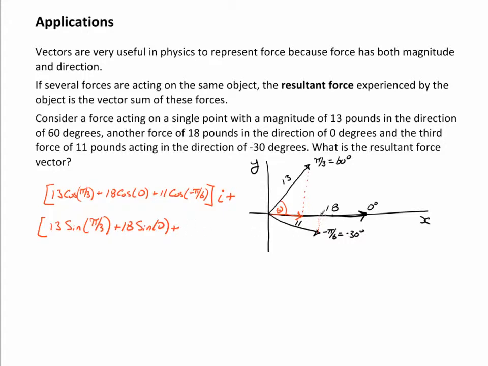Plus, this is going to be the component vertically. So this is going to be 11 times sine of negative pi over 6, and that is going to be my j component.